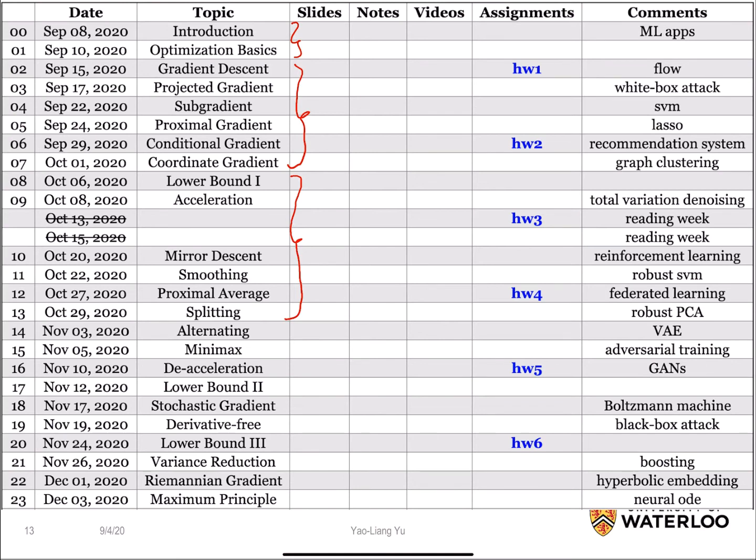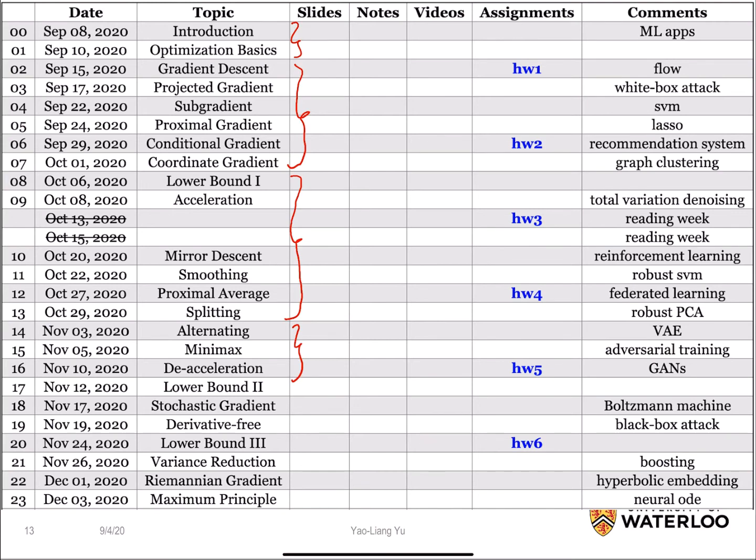After that we are going to talk about minimax problems. These problems are gaining popularity now in machine learning, mostly because many problems we are interested in can always be reformulated as a minimax problem. We're going to see some algorithms that you can use to solve minimax problems. I'll give you an example in a minute.